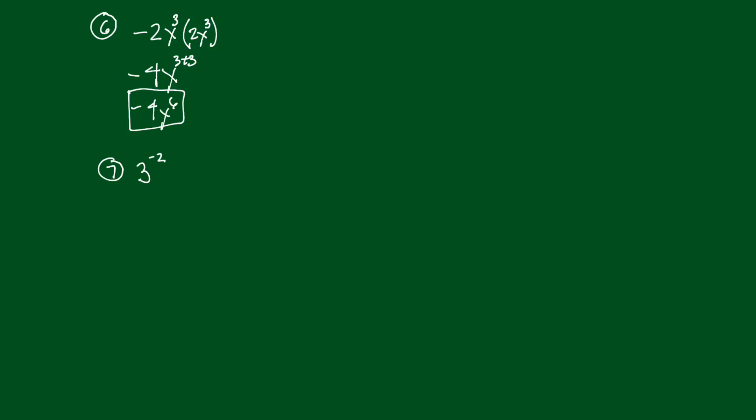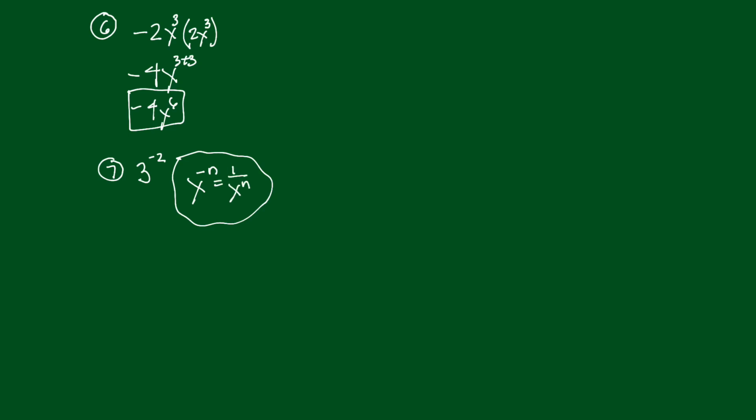Now, number 7, I've got a negative exponent, so here's the rule I'm going to use. If you have some number to a negative power, now, we're assuming that n is positive, okay? If n is a positive number, this is the opposite of n. So if I have some base to a negative power, just like this, 3 to the negative 2, what I can do is just flip this over, in a sense, x to the positive n.